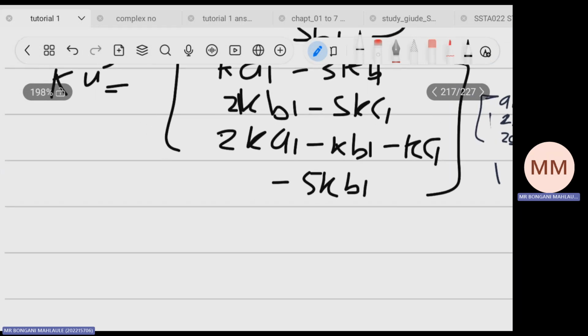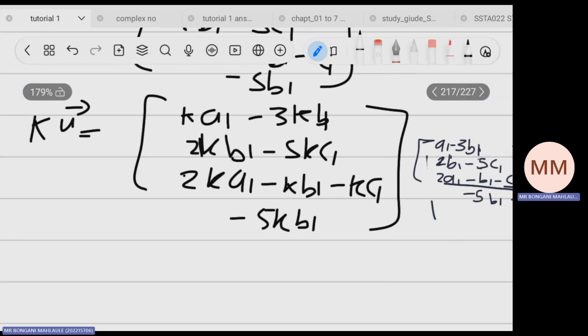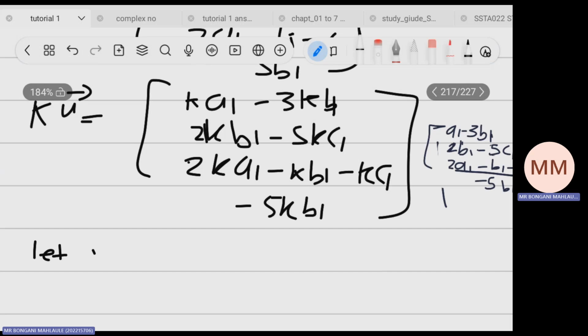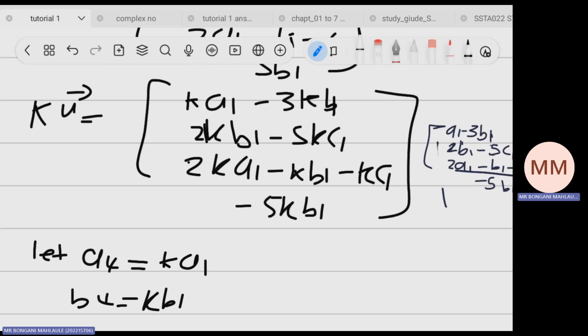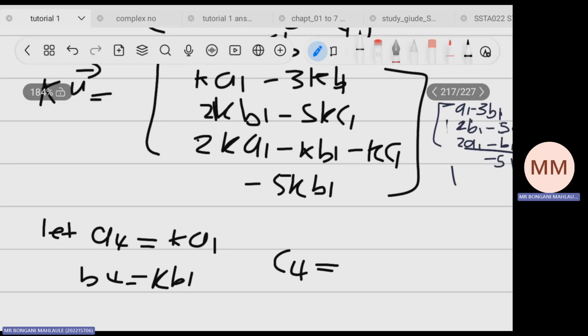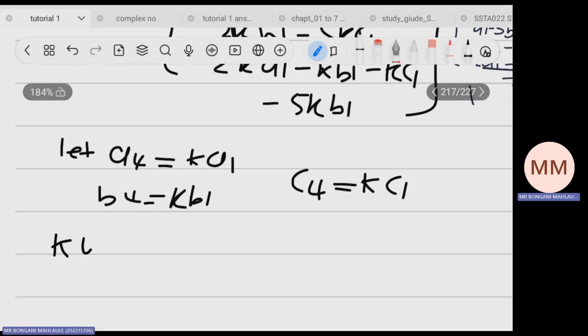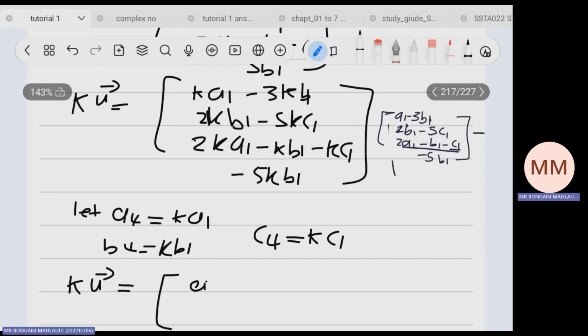So we can see that if I let A4 be KA1, B4 be KB1, and C4 be KC1, this will result as A4 minus 3B4.